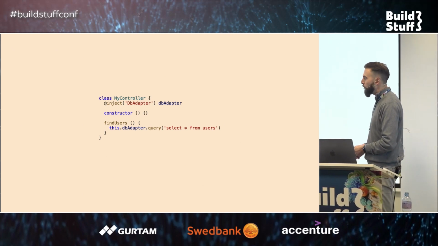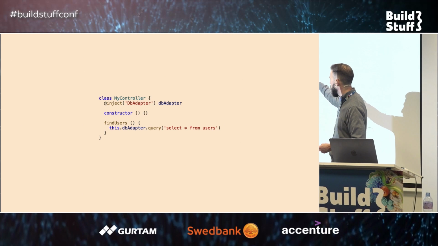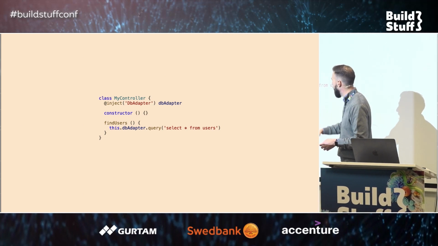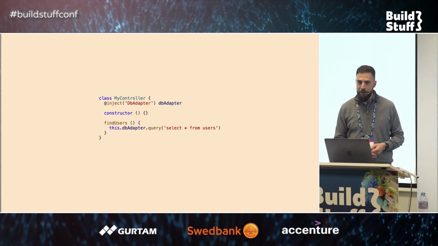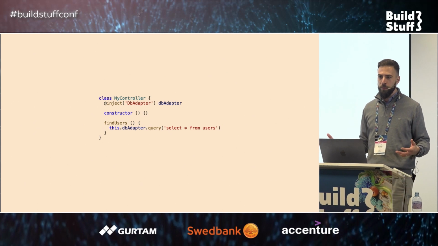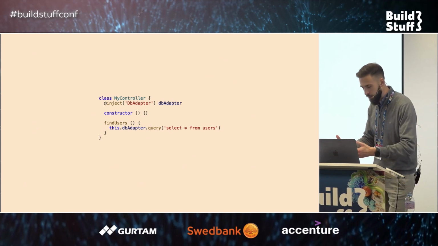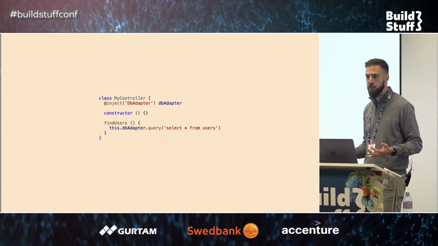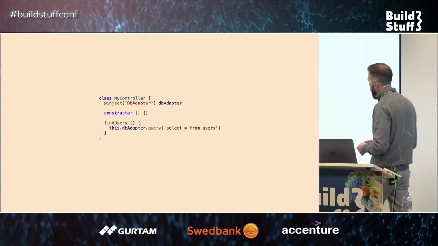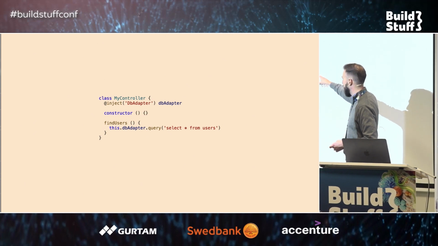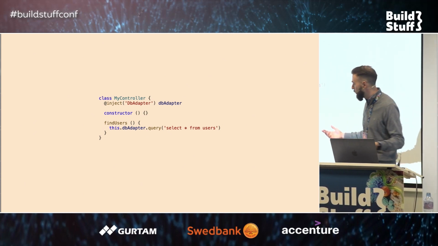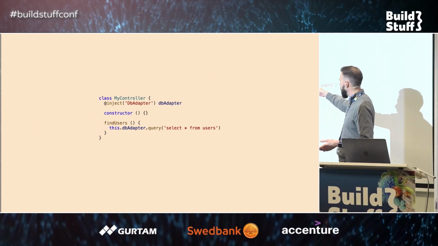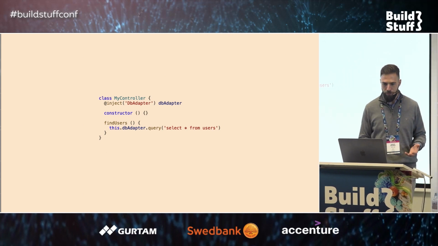So what we can do is we add a new class field called dbAdapter. And then we want to be able to inject basically our class instance from before, so it's available on dbAdapter. And then we want to be able to just do this.dbAdapter.query.